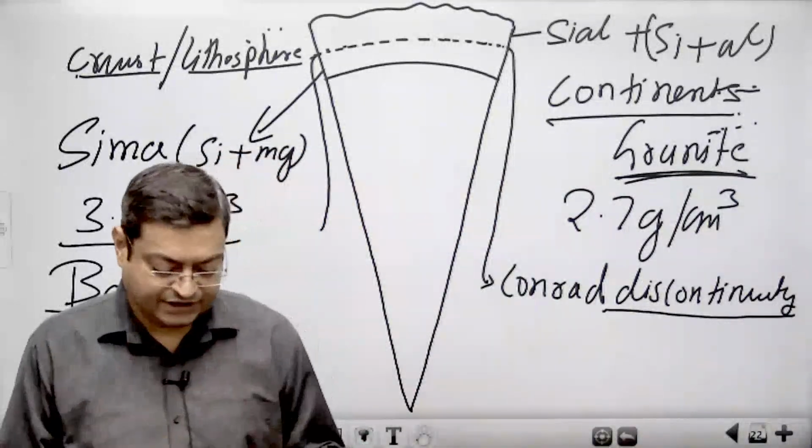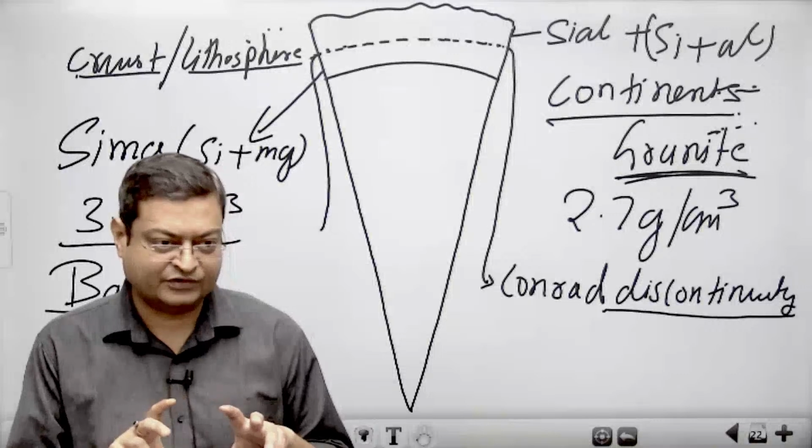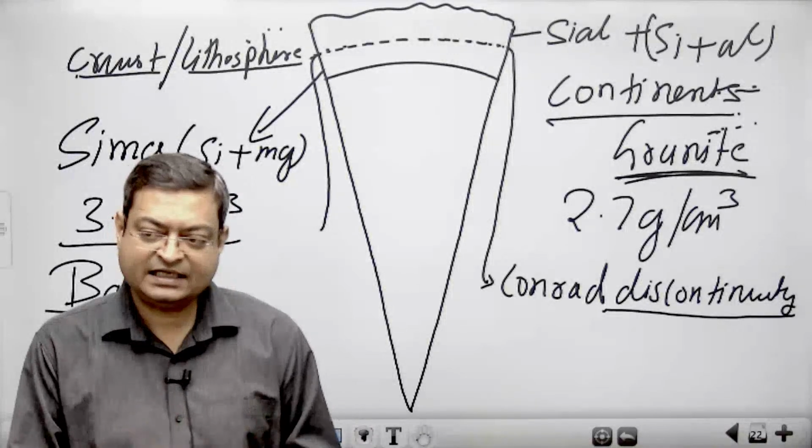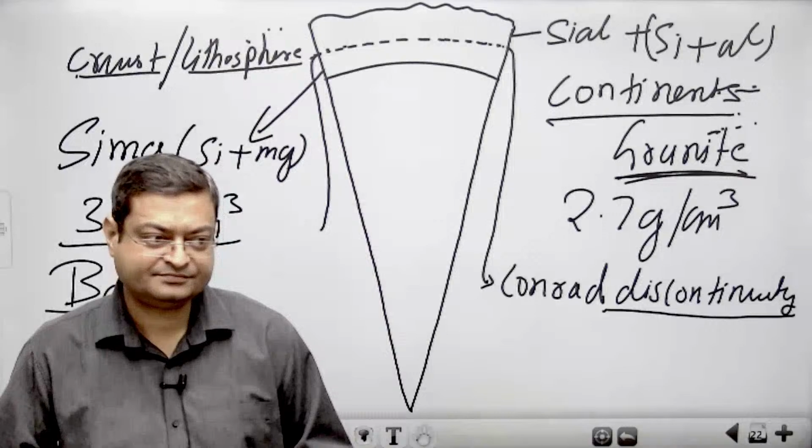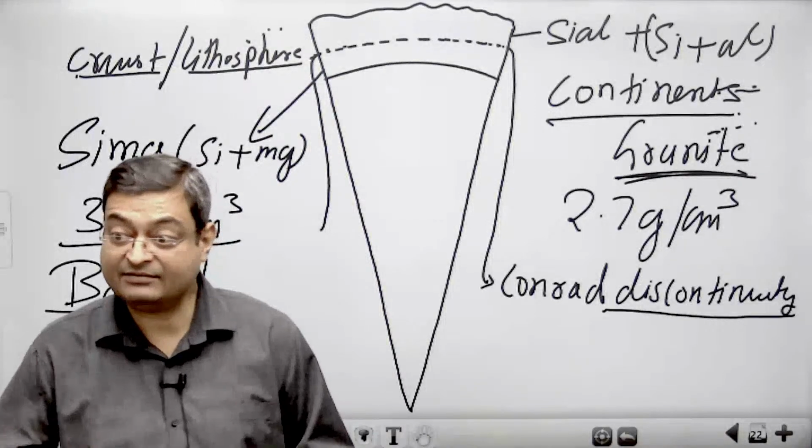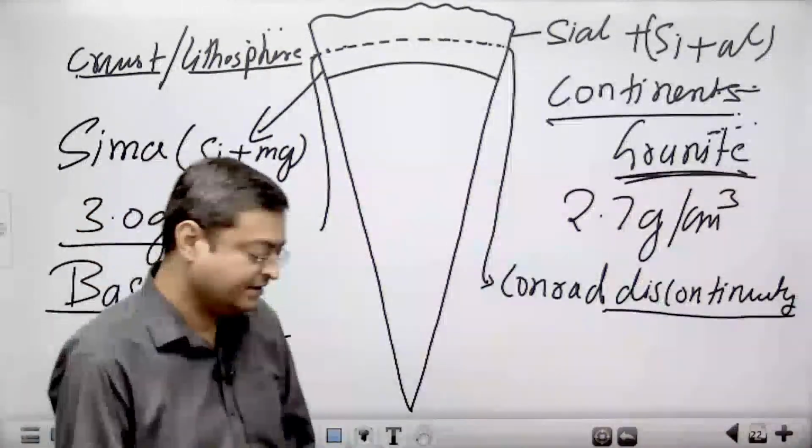Acha, one question: where will the thickness of the crust be more? On Sial or on Sima? On Sial. Sima is oceanic, it lies below. Write it down.